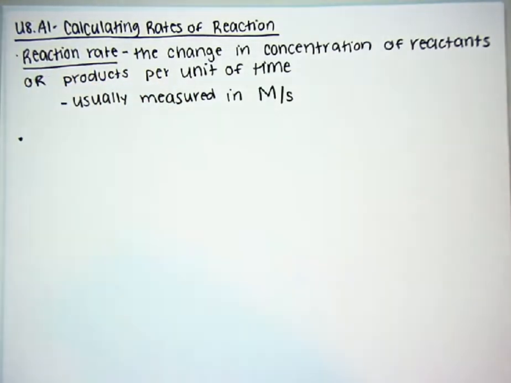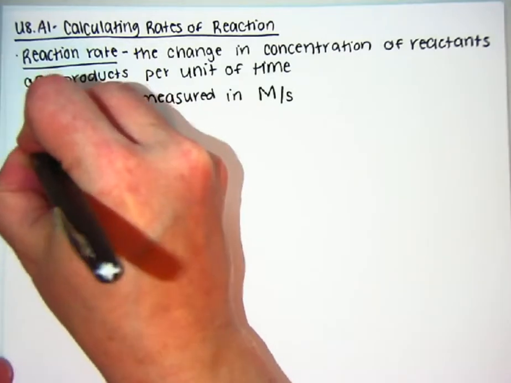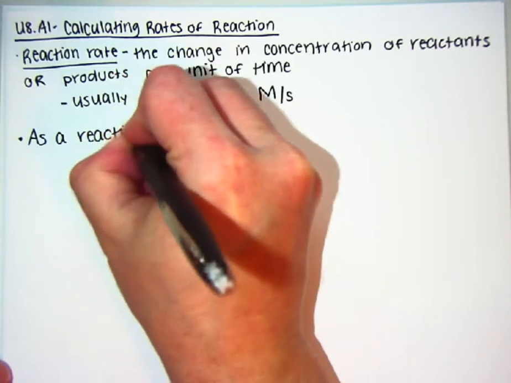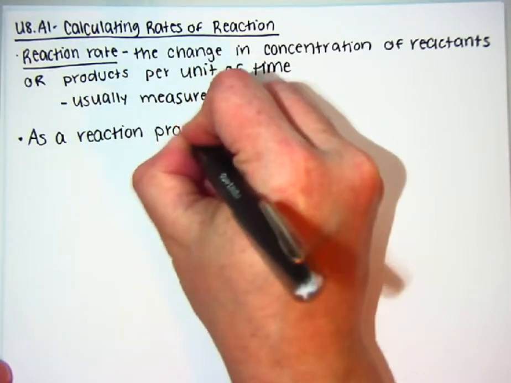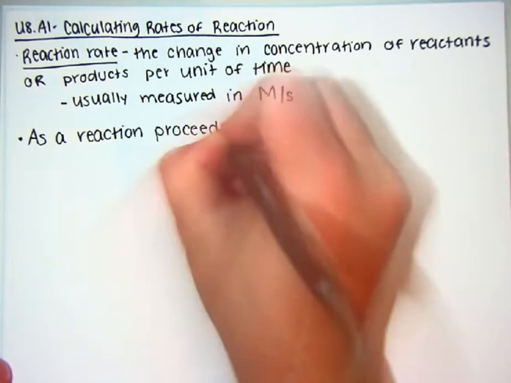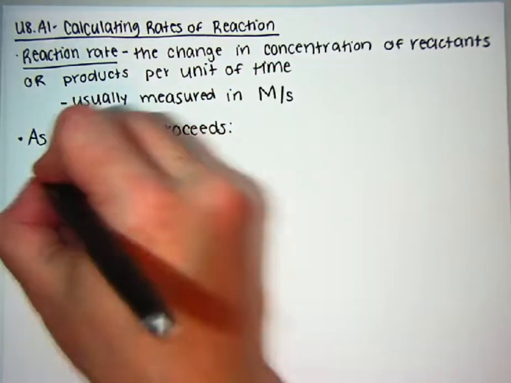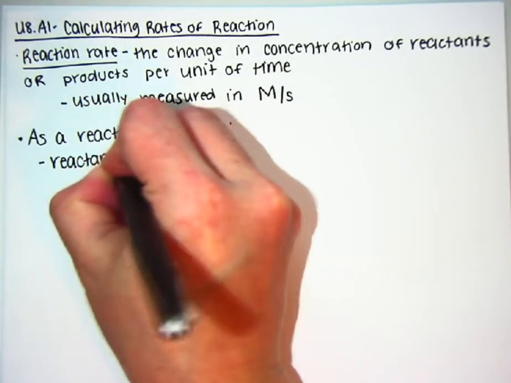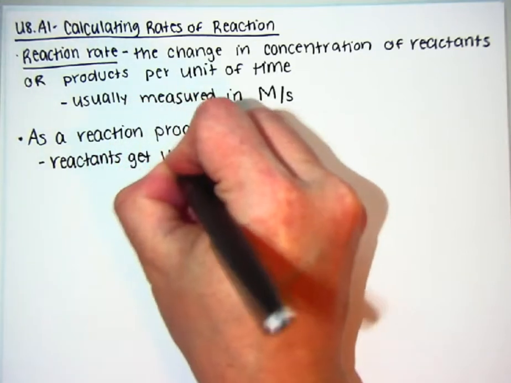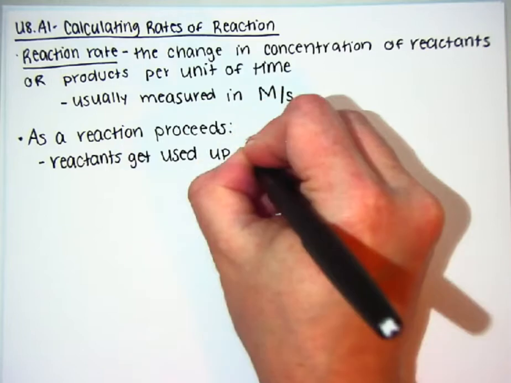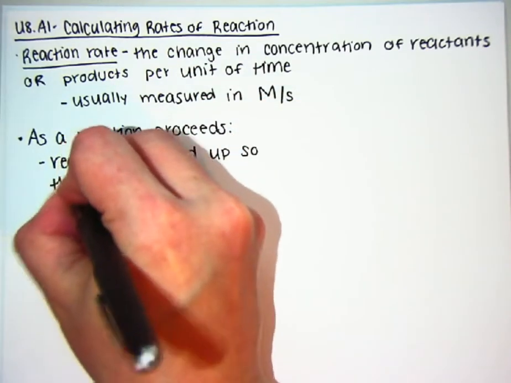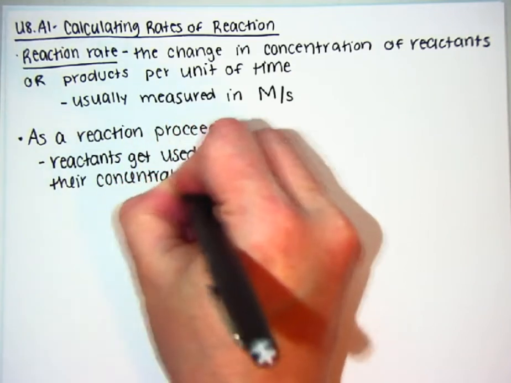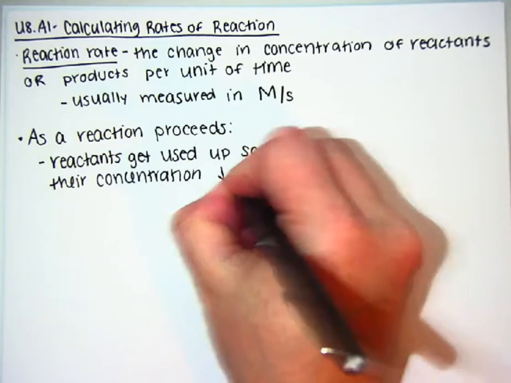Let's talk about that recipe example I just said. This will be important to know. As a reaction proceeds, two things happen. Reactants get used up, so their concentration decreases.